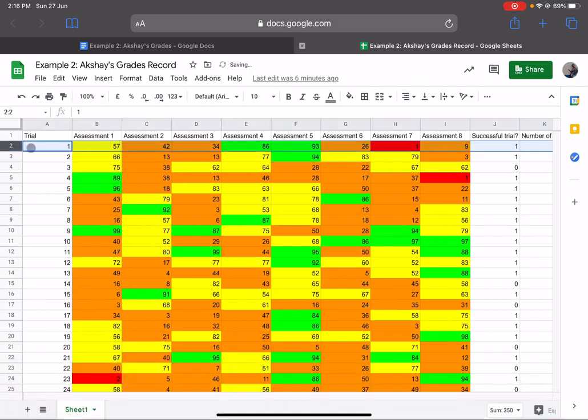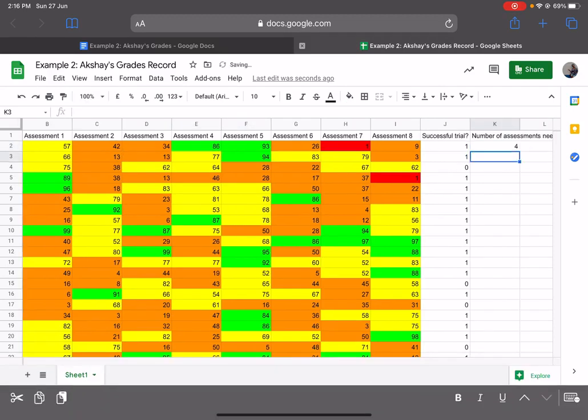So in this first trial, he did 4 assessments and he got his first green, so that means it took 4 assessments to get that excellence overall. In this one, the second trial, he got the excellence on the 5th assessment, so he needed 5 to get that last excellence.